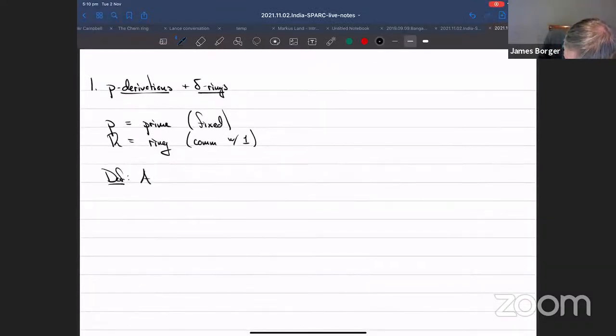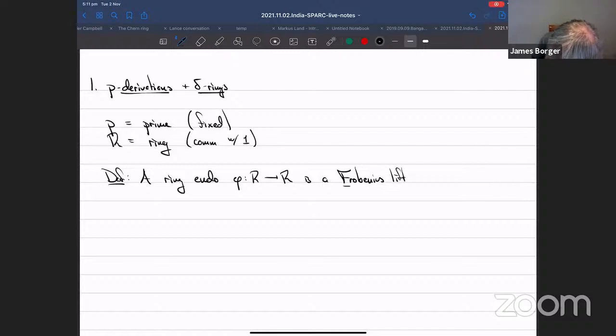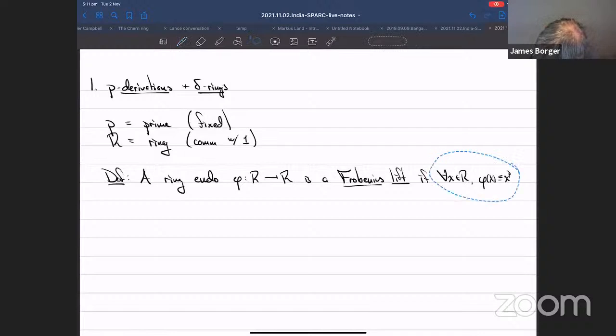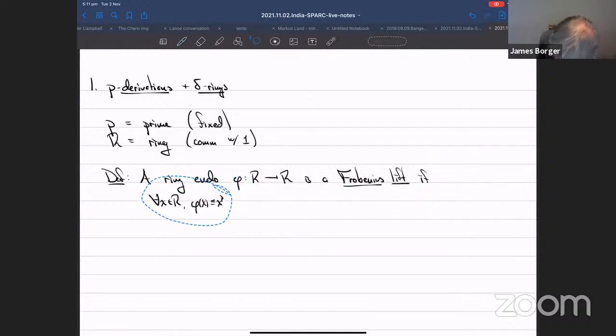A ring endomorphism phi from R to R is a Frobenius lift if, for all x in R, phi(x) is congruent to x to the p mod pR. So it's just congruent to the usual p-th power Frobenius map modulo p.